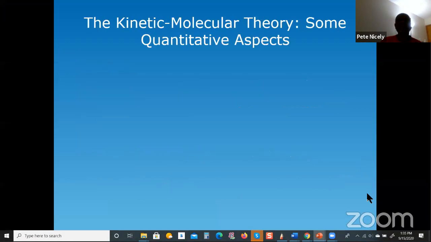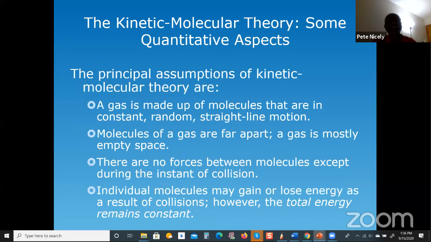Okay, I think this will be the last topic for today. So let me just go through it quickly. All right, so the kinetic molecular theory, as we said before, is the model that is used to explain the behavior of gases, right? So these are the principal assumptions of the theory.